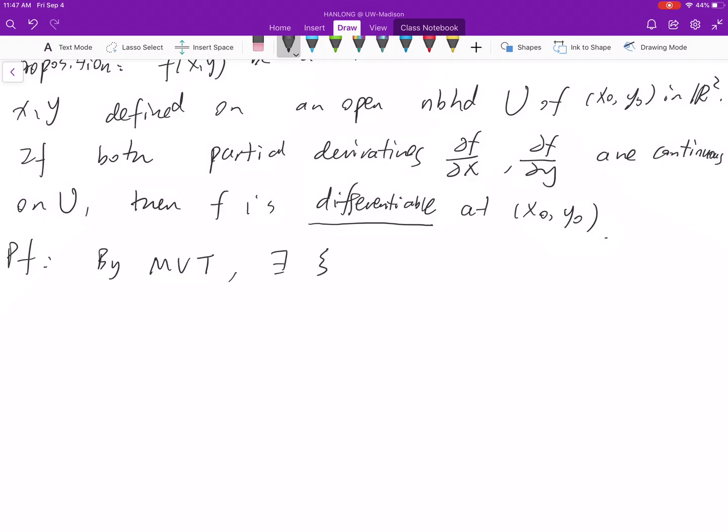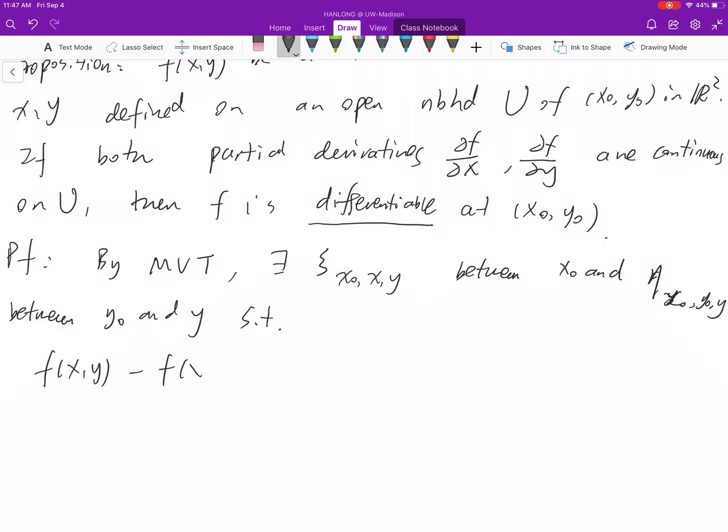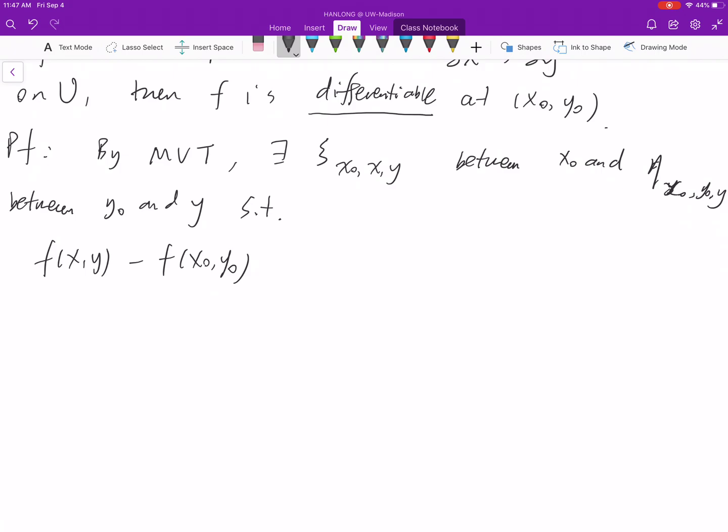There exist c_{x0,x,y} between x0 and x, where the choice of c depends on x0, x, and y, and eta_{x0,y0,y} between y0 and y, such that the difference: here (x0, y0) is here, (x, y) is here.